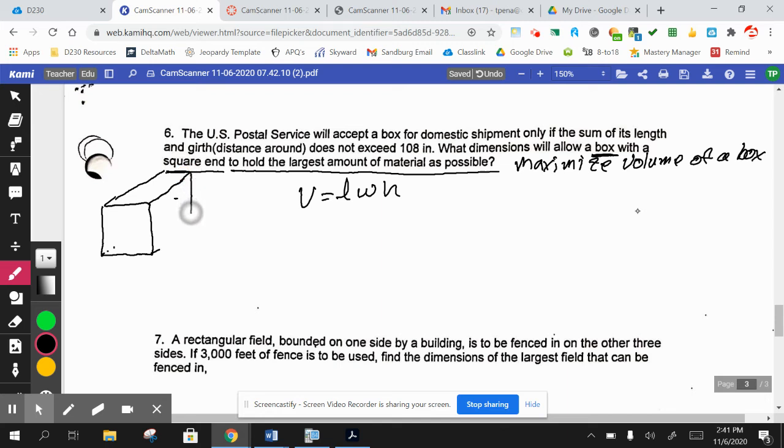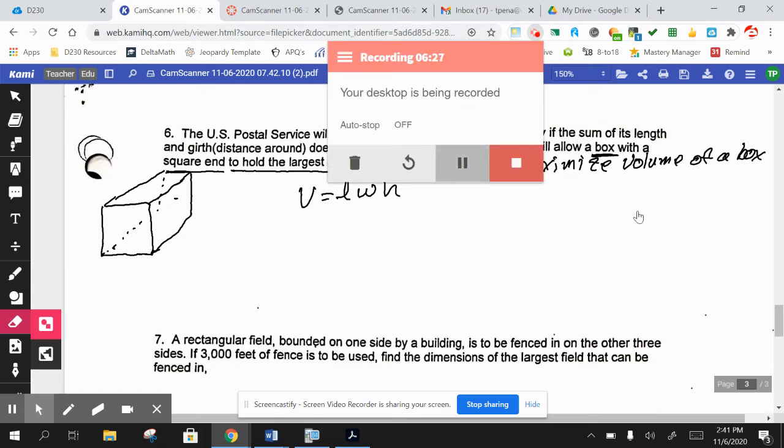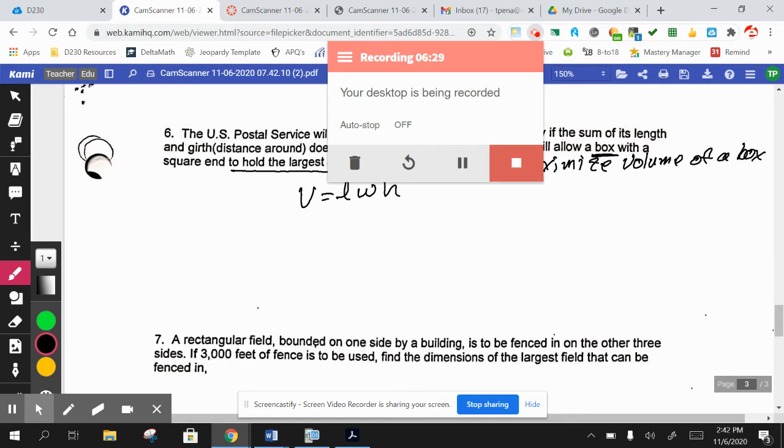No, that's just bad. Let me pause this a minute. I'm gonna practice this a second. All right, so now I just practiced this, so hopefully this will be a little better.